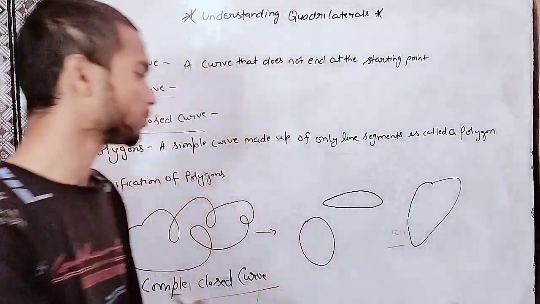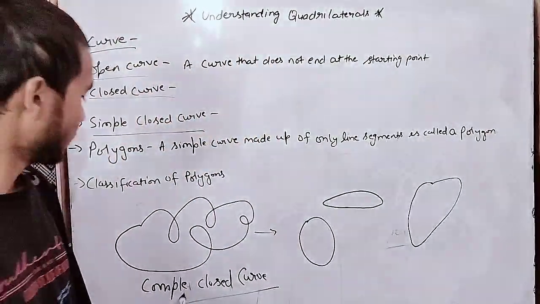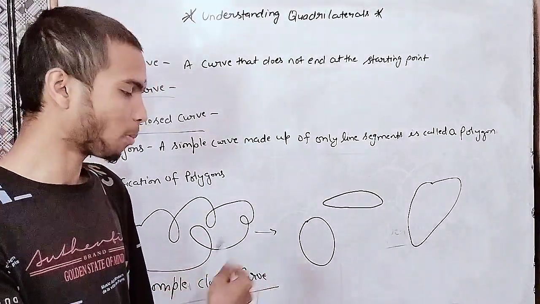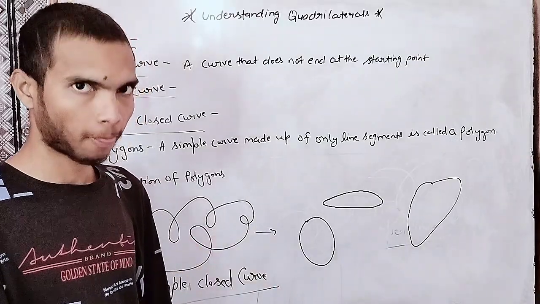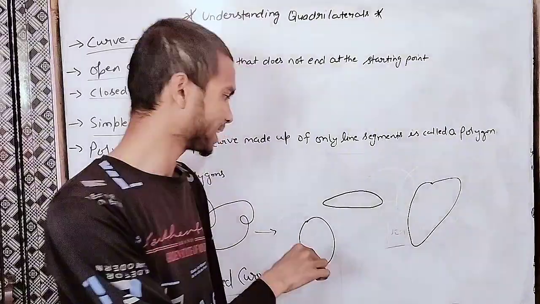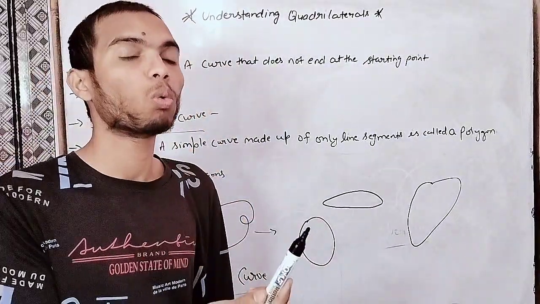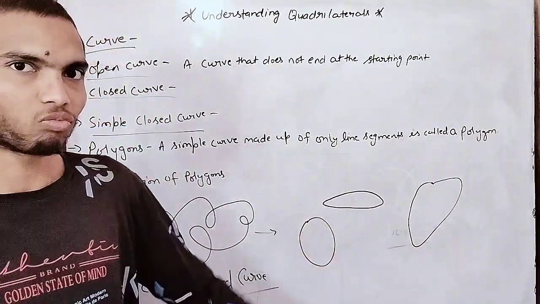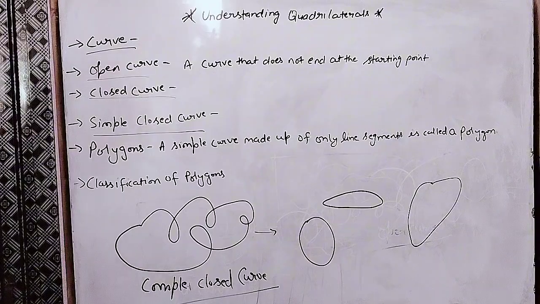But the difference between them is that a complicated closed curve will show intersection. You can see in this diagram. But a simple closed curve will not show intersection. This is the main point. I hope you have understood.